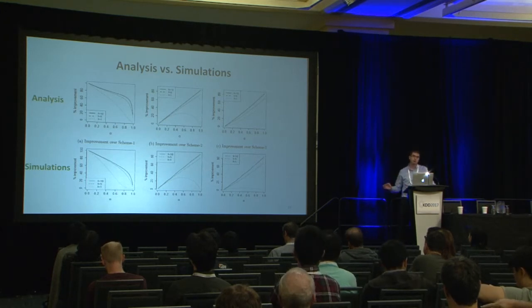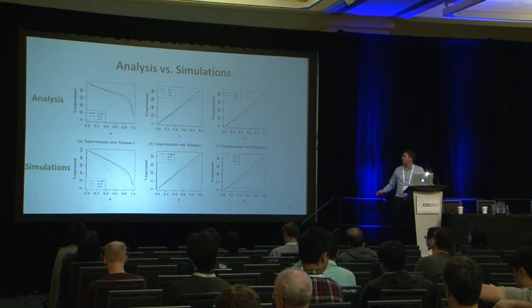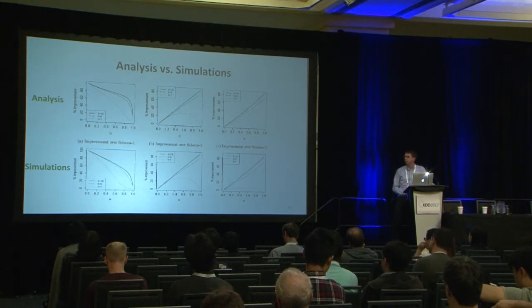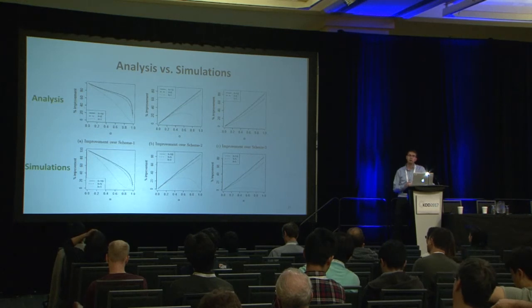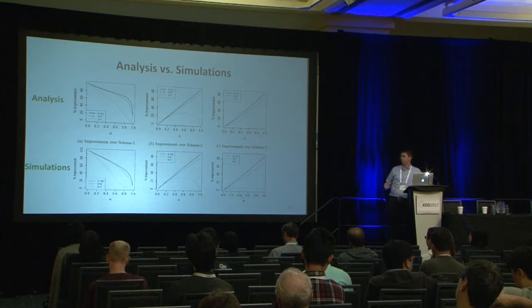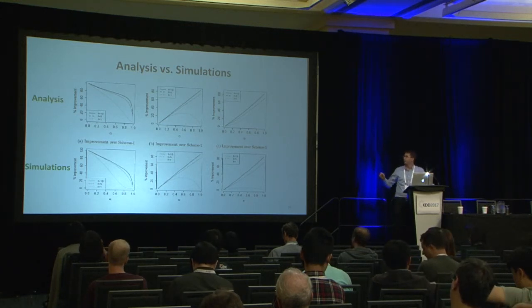This slide shows the comparison between the simulation results and analysis results. It means that the first row is showing the percentage improvement of our new scheme according to the analyzed variance of our new scheme versus the analyzed variance of each of the 3 previous schemes. And the second row is the simulations from before.